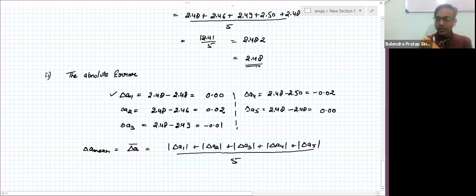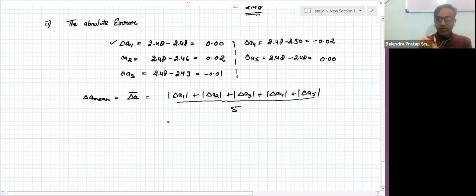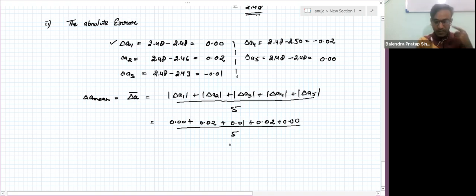So let's take all the values: 0.00 plus 0.02 plus, here the negative sign will vanish because we have taken mod, 0.01 plus 0.02 plus 0.00, divided by 5. So the sum is 0.05 divided by 5, and here the value is 0.01.